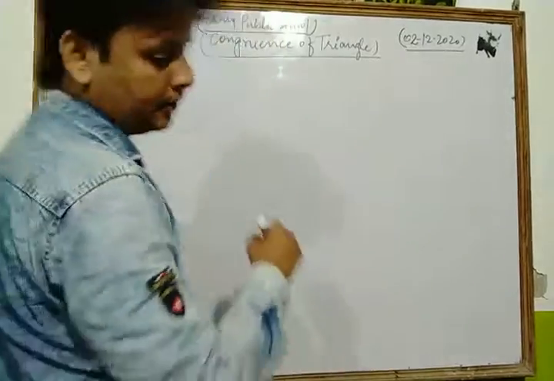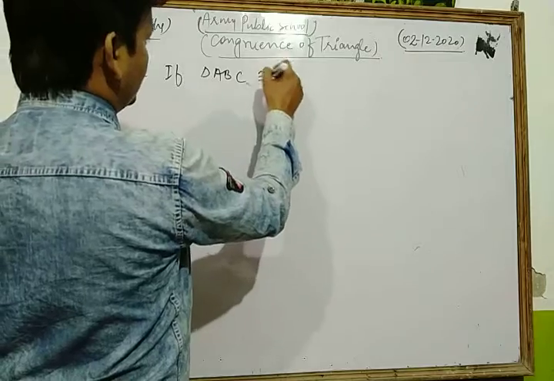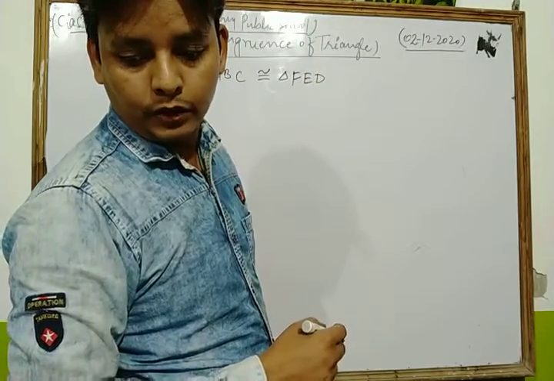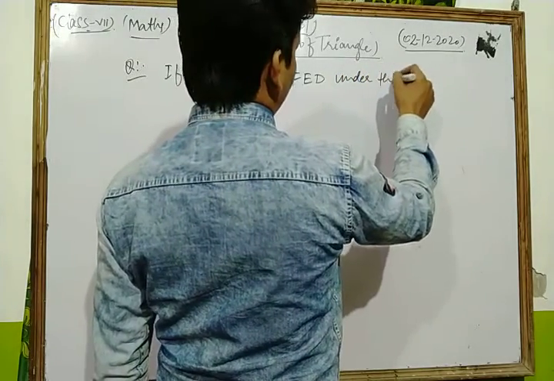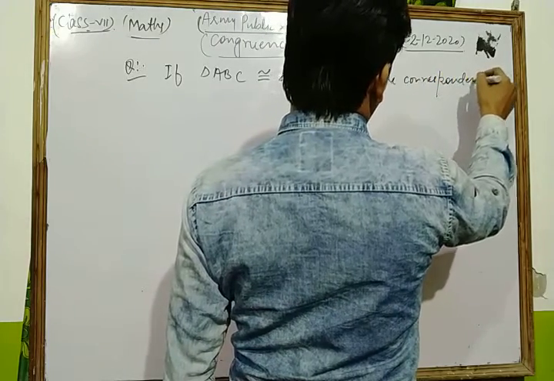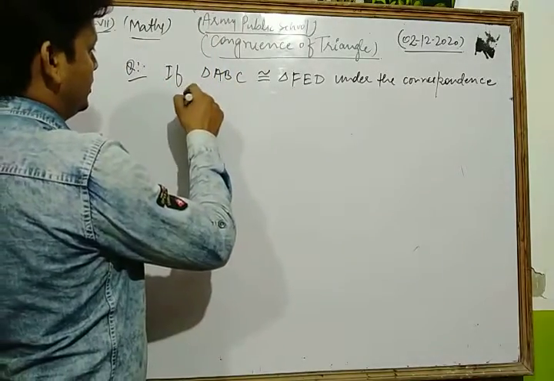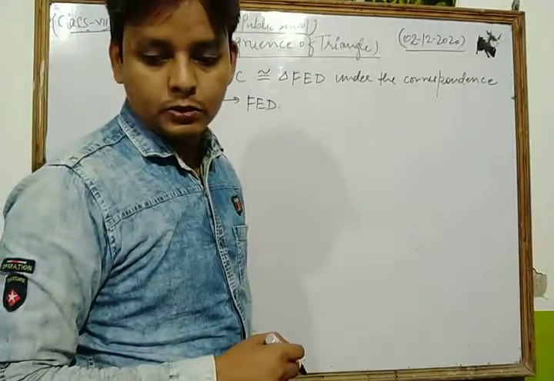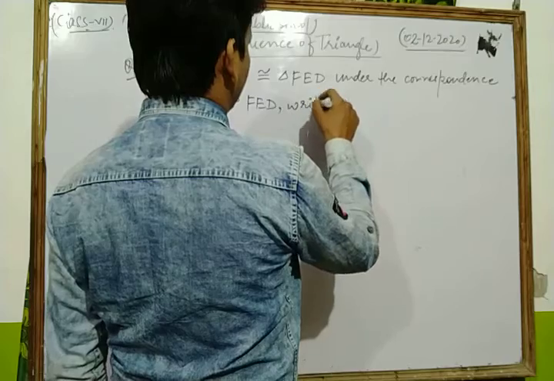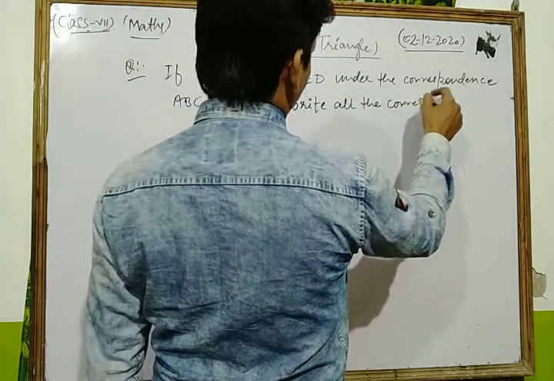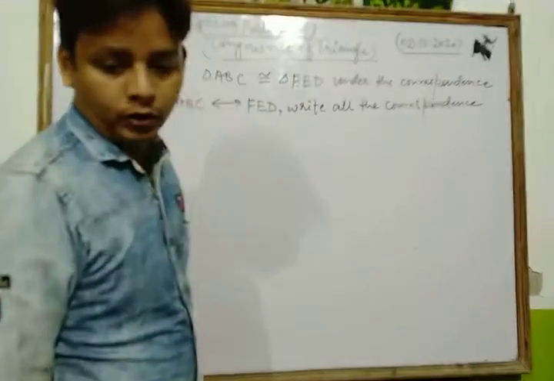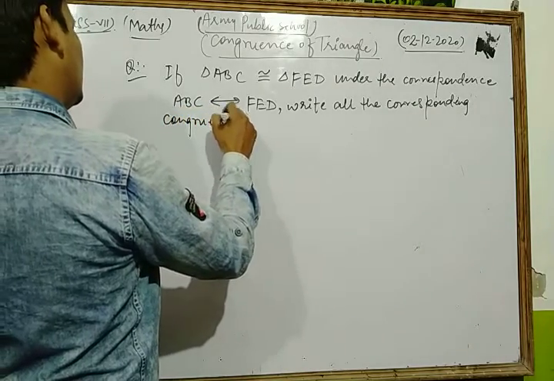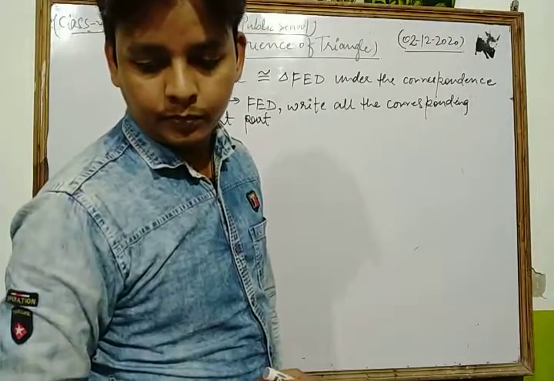The question is: if triangle ABC is congruent to triangle FED under the correspondence ABC to FED, write all the corresponding congruent parts of the triangles.